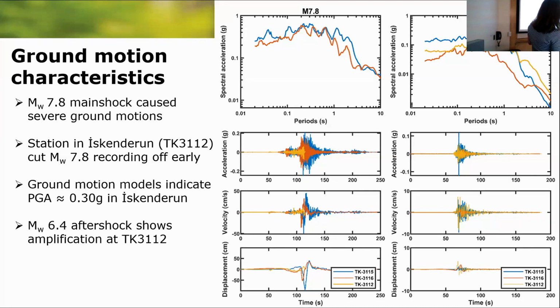This will take further analysis, but what we can see from an aftershock that was recorded by all three stations is that there are amplification effects at station 3112, which would be expected to have occurred during the main shock as well. Based on ground motion models that they've been putting together with a team from UCLA, the expected peak ground acceleration in Iskenderun is about 0.3. So the soft soils in Iskenderun appear to have amplified the ground motions.